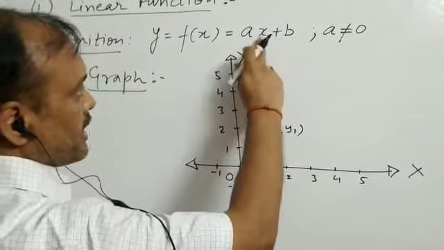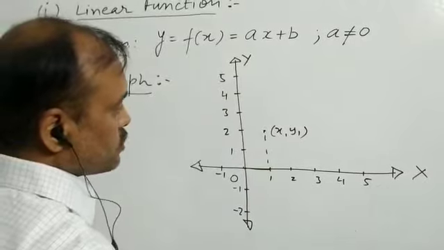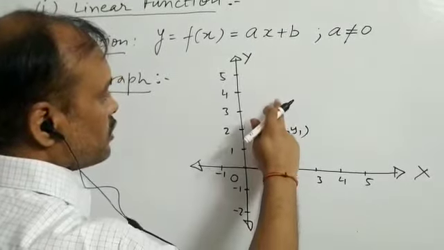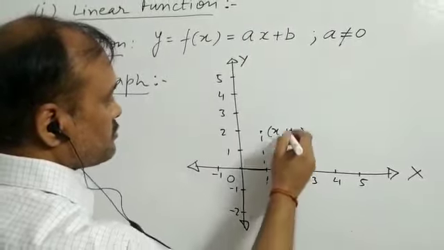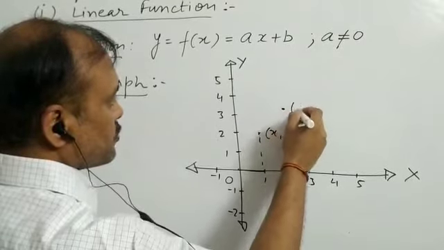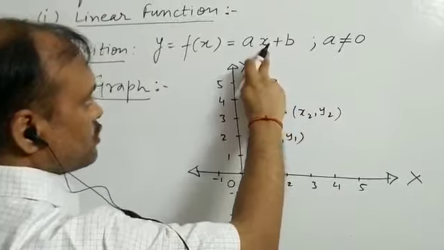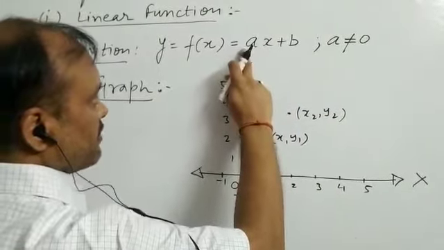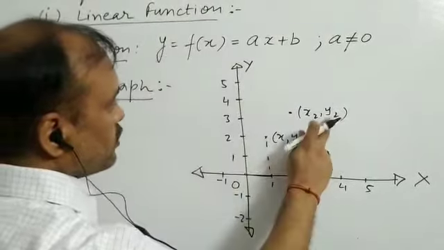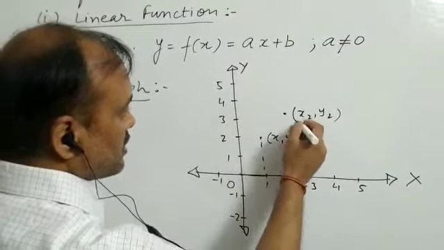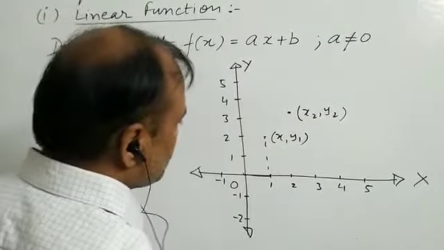Similarly, if you take another value of x, let's say x2, and you get some other value of y, let it be like this point (x2, y2). By putting x equal to x2 and simplifying, we are getting y equal to y2. Then this is another ordered pair (x2, y2).